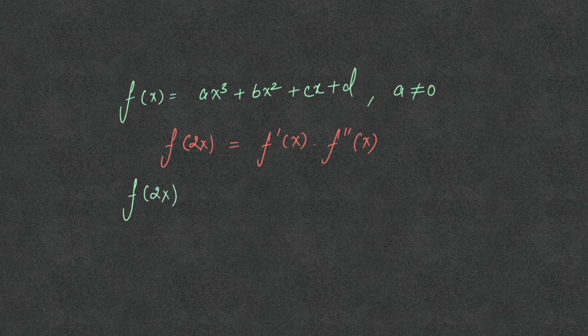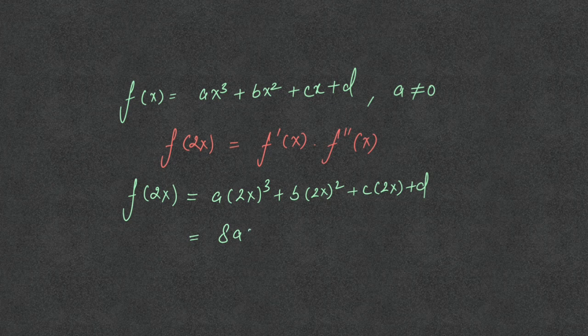The replacement of x should be 2x: a into 2x whole cube plus b into 2x whole square plus c into 2x plus d, which becomes 8a x cube plus 4b x square plus 2c into x plus d.